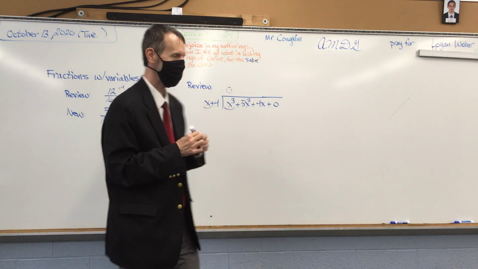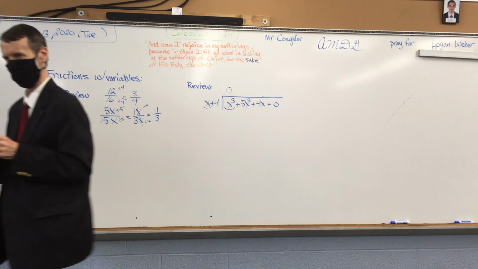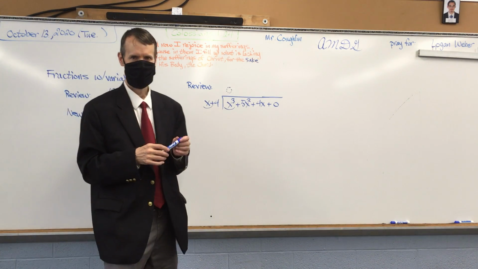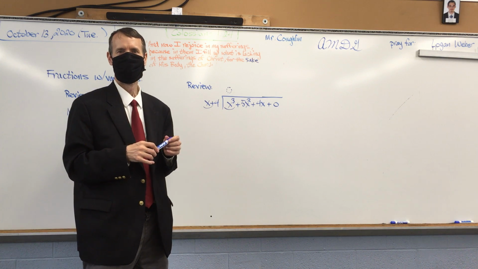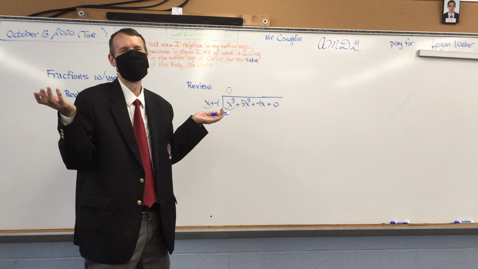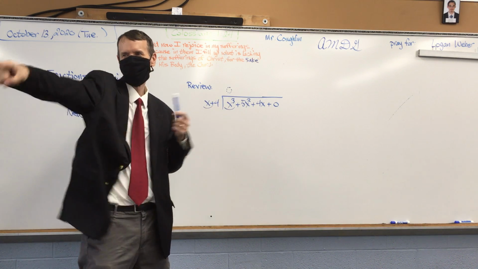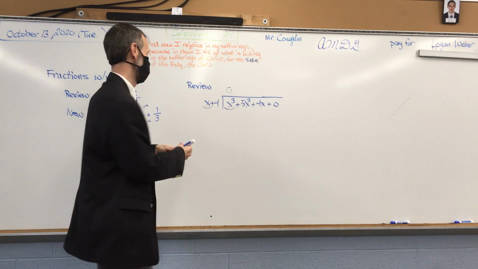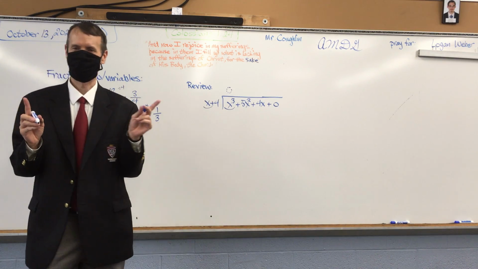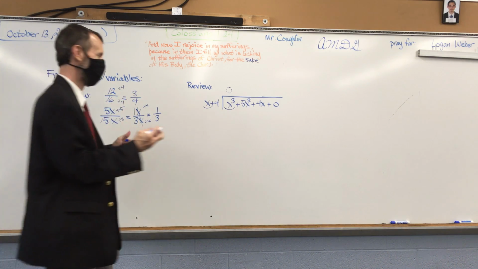Can somebody tell me, how many times does x go into x cubed? Titus. I don't know. You remember? I don't know either. Let's find out. How many times does x go into x cubed? You might be surprised. I'm not just doing this to be silly.